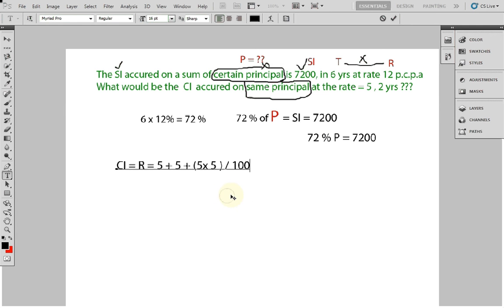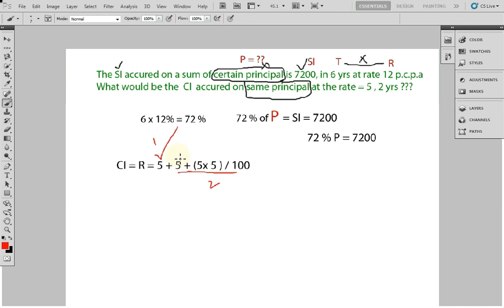Are you getting me? That's nothing but 5 into 5 by 100. I said in previous sessions also, this 5 is for first year, and this whole thing is for second year.